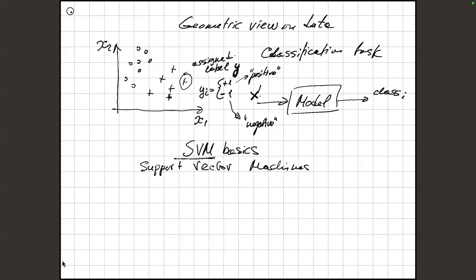So you always can identify the border samples in both classes, such that on one side of these points all samples of one class are located, and on the other side are samples of the other class. And actually, these border points or border vectors are called support vectors. Support in the meaning of supporting the classification.